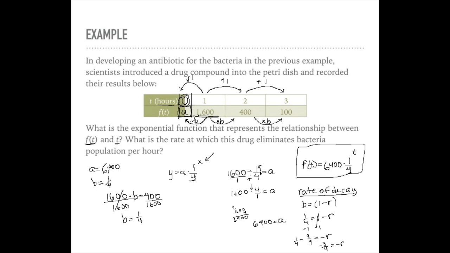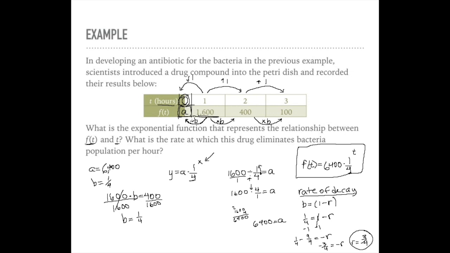Divide both sides by negative 1, and r becomes positive 3/4. So the rate of decay is 3/4 or 0.75. In other words, 75% of the population of bacteria is wiped out by this drug every hour. So that would be this one.